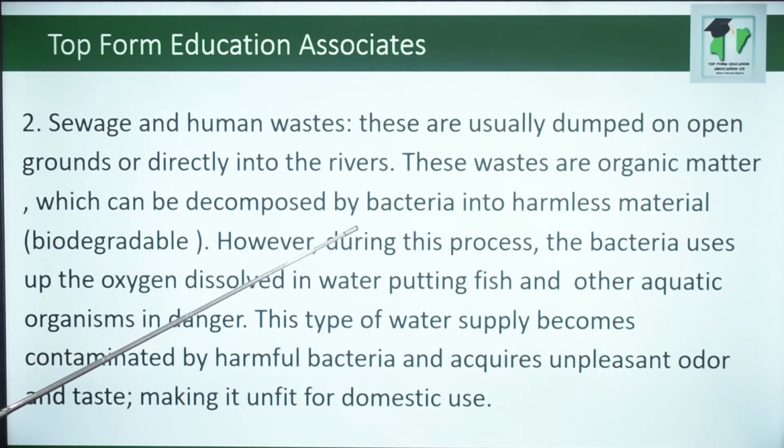However, during this process, the bacteria uses up the oxygen dissolved in the water, putting fish and other aquatic organisms in danger. This type of water supply becomes contaminated by harmful bacteria and acquires unpleasant odor and taste, making it unfit for domestic use.